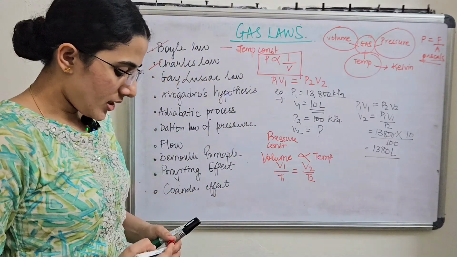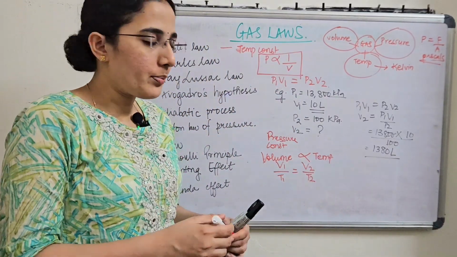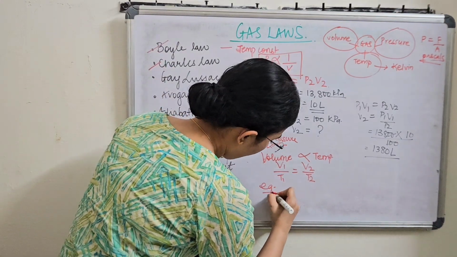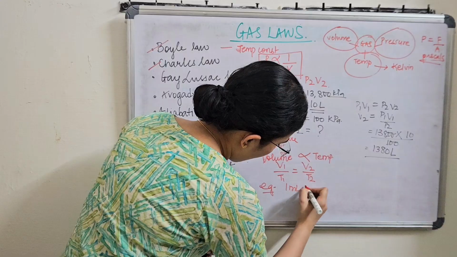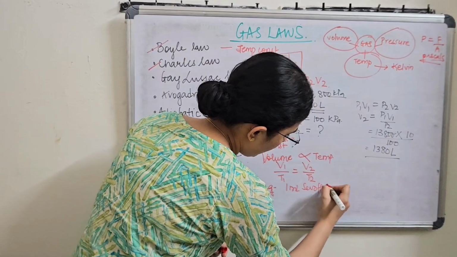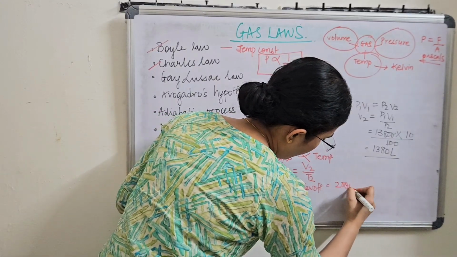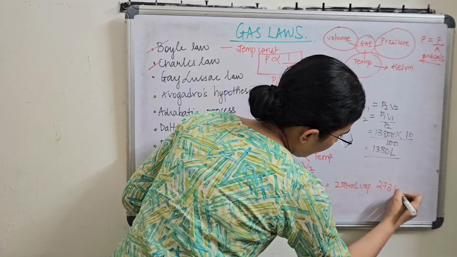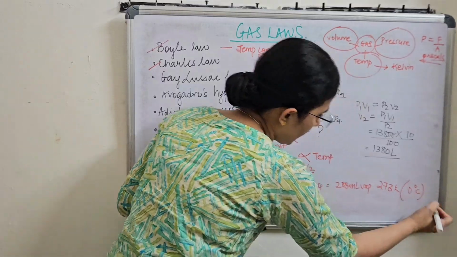What is the usage of Charles' law? For example, 1 ml of sevoflurane will produce about 200 ml of vapor at 273 Kelvin, which is 0 degrees Celsius.